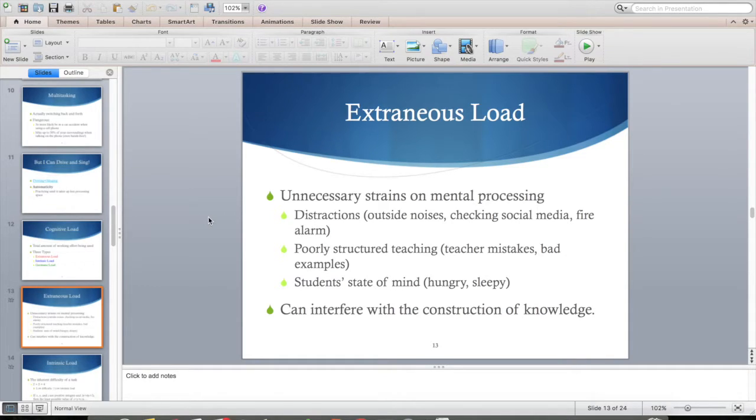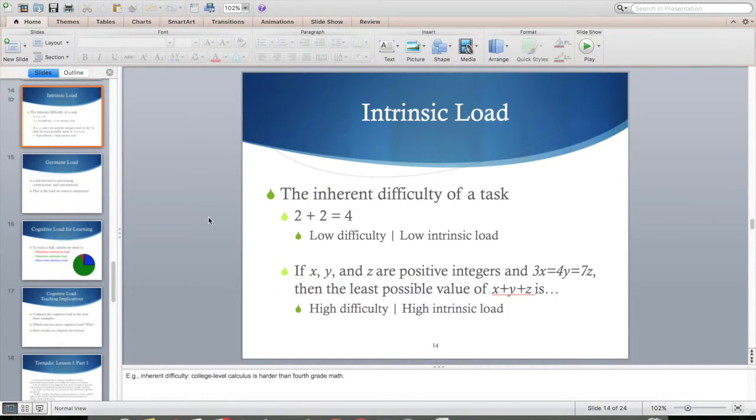For instance, I don't need any distractions when I'm taking a test, because if I have distractions, now my mind is thinking about those distractions or trying to block out those distractions while also trying to focus on the test. But we have a limited processing space. We have a limited working memory. So anything that I divert to work on extraneous load actually takes away from what I can devote to the germane load and the intrinsic load. Okay, so this is any type of distraction, even internal distractions, like if you're hungry or sleepy.